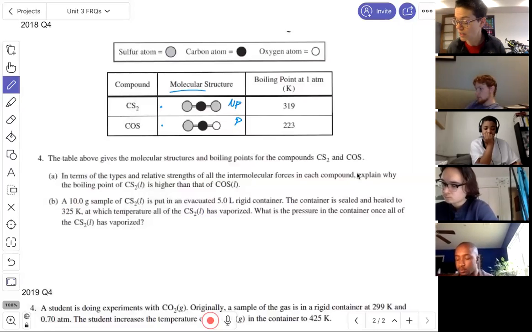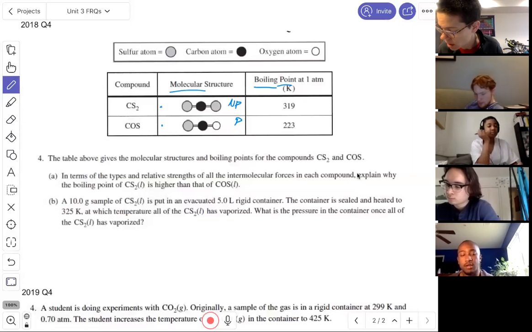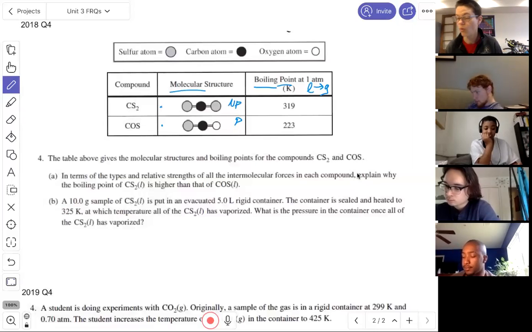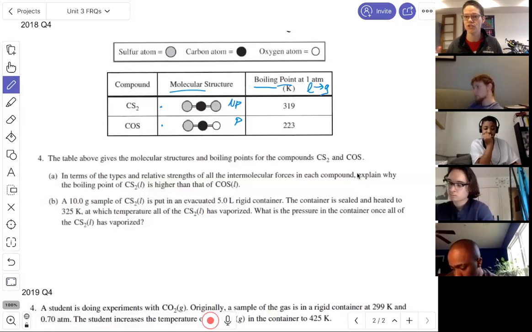But then if I look at these boiling points, you've got to remember, boiling point means I'm turning from what to a what? Liquid to gas. So you've got to think about what those numbers mean, harder versus easier. For which one of these is it harder to turn into a gas?